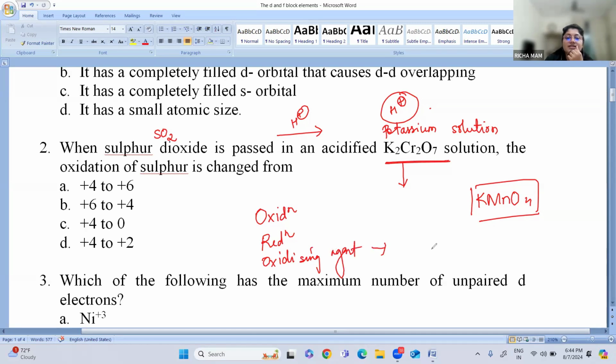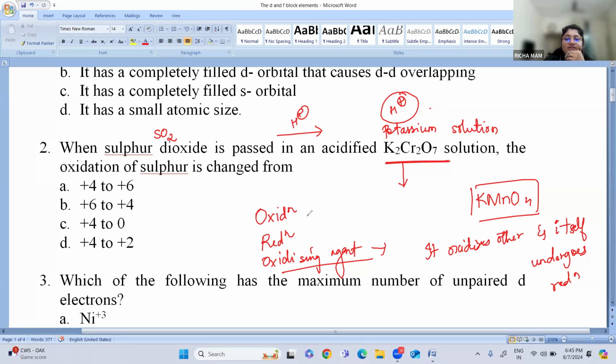It oxidizes others and itself undergoes reduction.